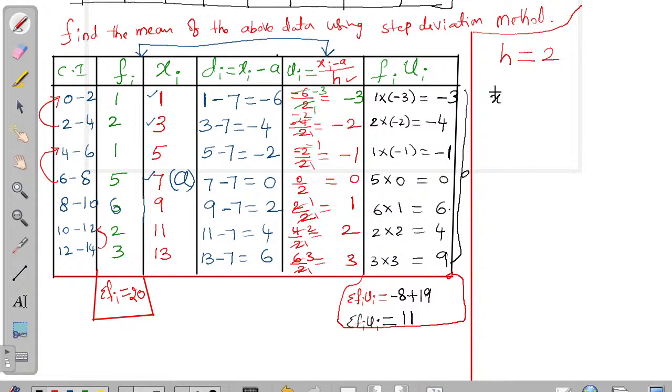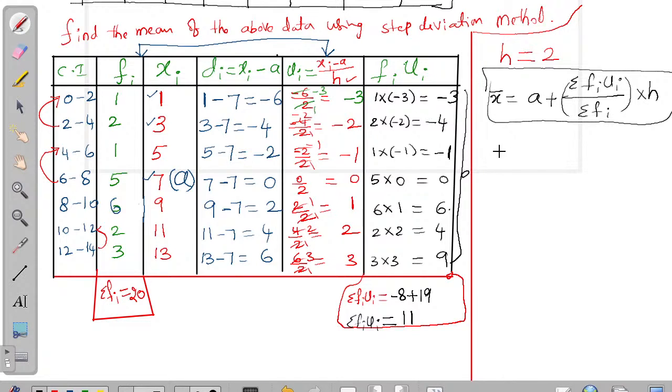So you have to find the x bar value. The formula for x bar in the step deviation method is a plus sigma Fi Ui by sigma Fi, into h. For these, now tell me what are the values.